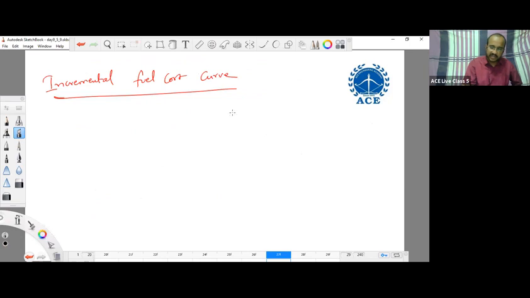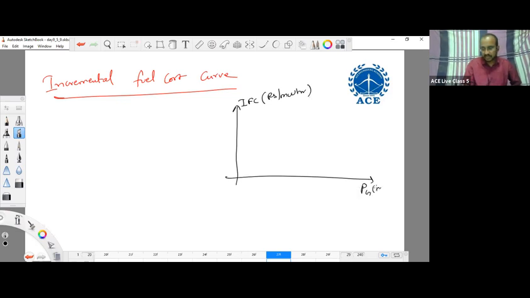It shows the variation of incremental fuel cost in rupees per megawatt hour with respect to power generation in megawatt. That is known as the incremental fuel cost curve. This curve is linear, of the form y equal to mx plus c.